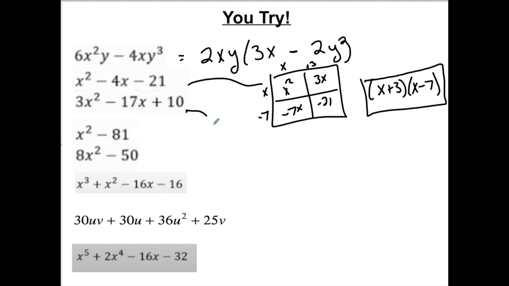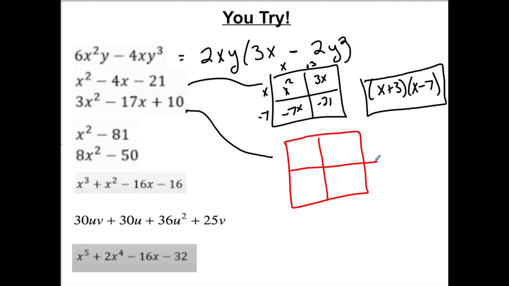All right, this one, let's take a look. Is there any GCF of 3, 17, and 10? Other than 1, no. No variable in common. So I will go ahead and set up my box. Here we'll have 3x squared, and here we'll have positive 10. To get 3x squared, I would multiply 3x and x.